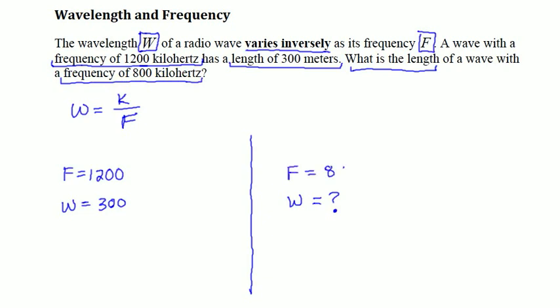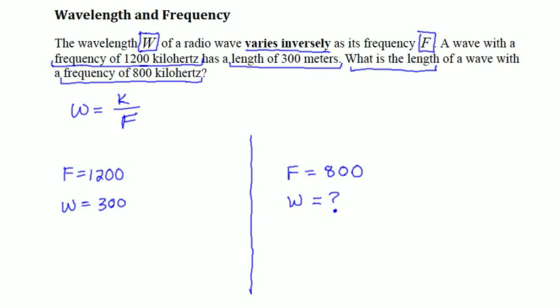If we map out all the information like this, it makes it so much easier to get through the problem, because the biggest mistake is when people go back into the word problem to pull out numbers. They're having to rethink everything, and it's really common for something to get plugged in where it shouldn't. One important thing to keep in mind is that 1200, 300 is one ordered pair, and 800 and I don't know W is another ordered pair, and we never mix and match.